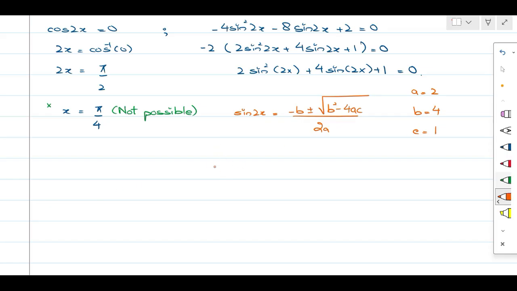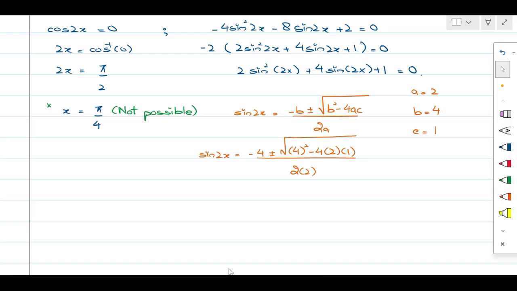If I proceed further, we have sine 2x equals negative b, which is 4, plus minus square root of 4 square minus 4ac, divided by 2 times the a value which is 2.